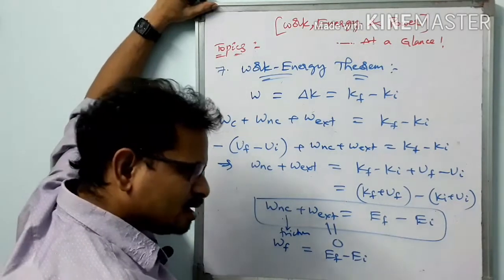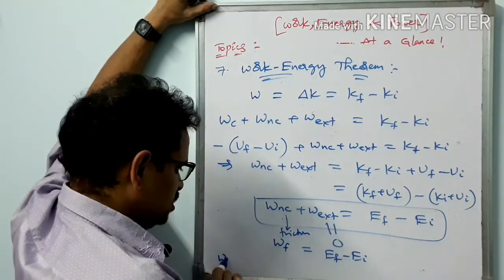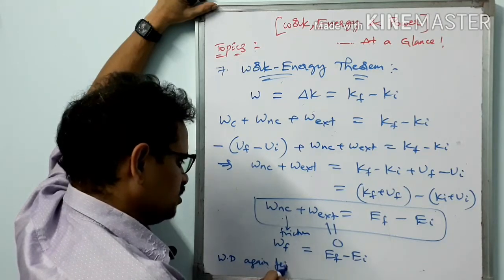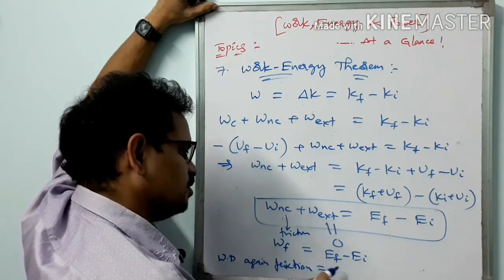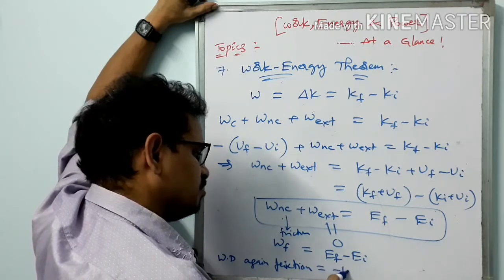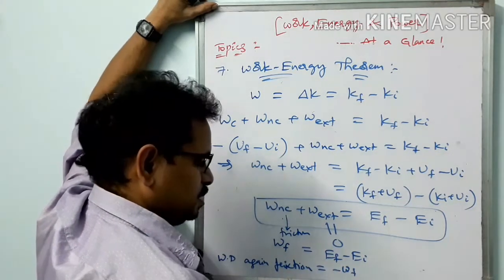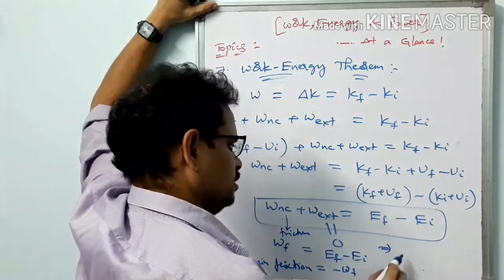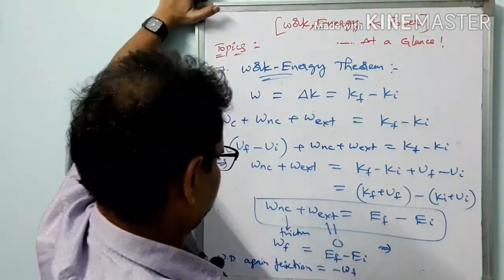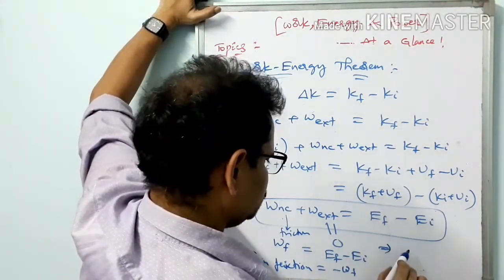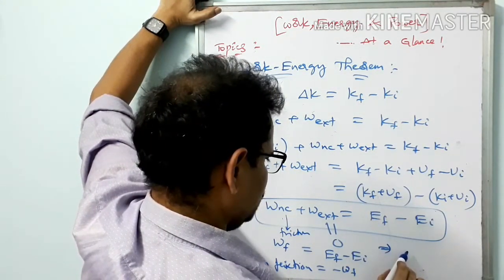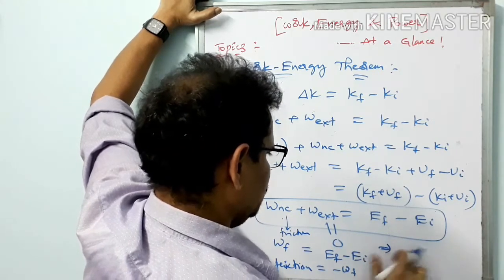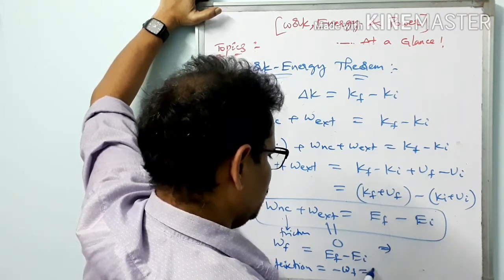Then what is the work done against frictional force? Work done against friction equals minus WF. So here we can write Ei, or otherwise, this equals WF dash.